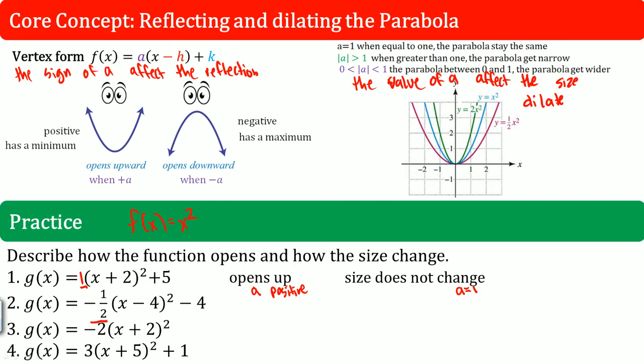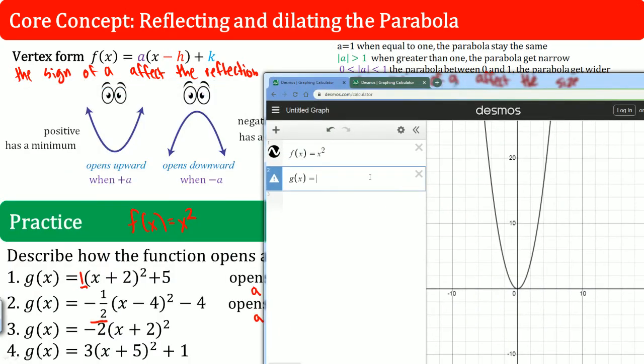Well, for this one, a is negative, so it should open what? Down. And we see that a is a fraction between 0 and 1, so it should get wider. Let's take a look when we graph it to see if our answer is valid.